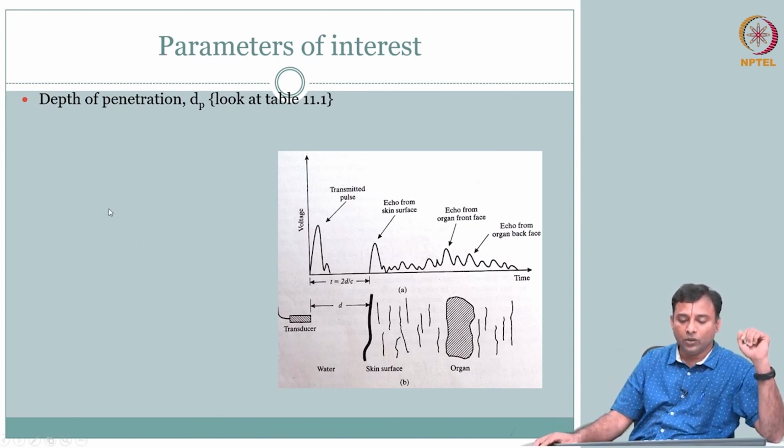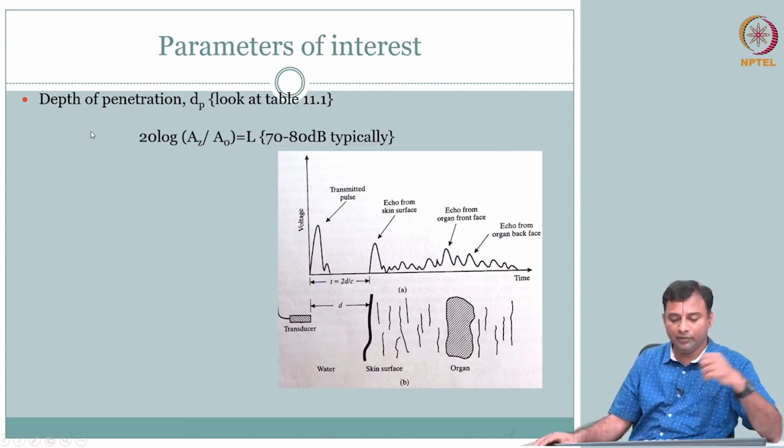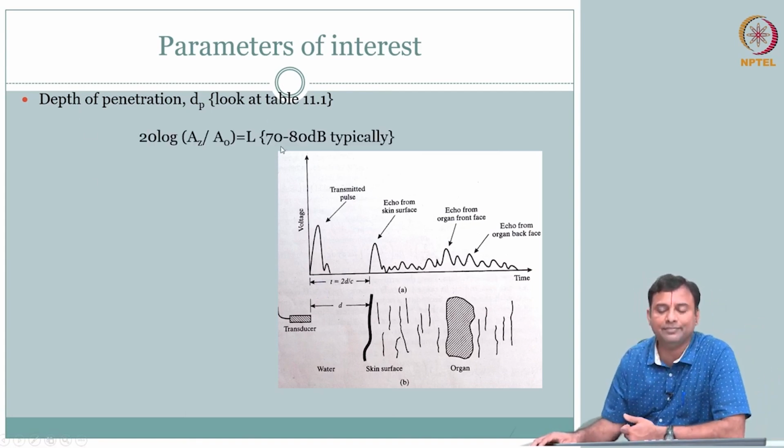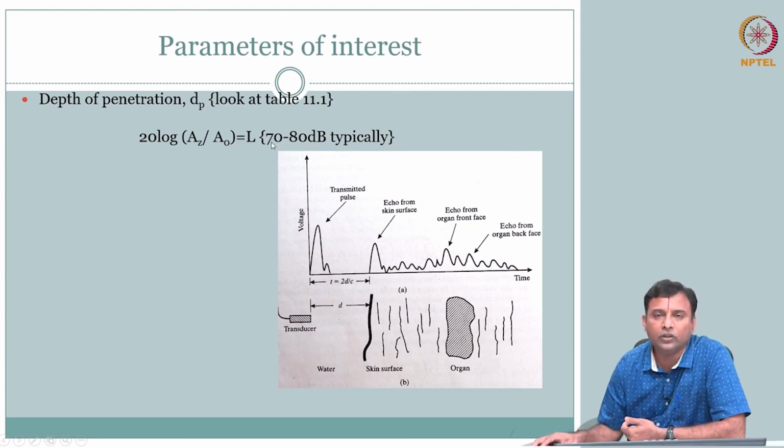Typically, most systems have a level of tolerance of 70 to 80 dB. Until that point the amplifier can still recover the signal.